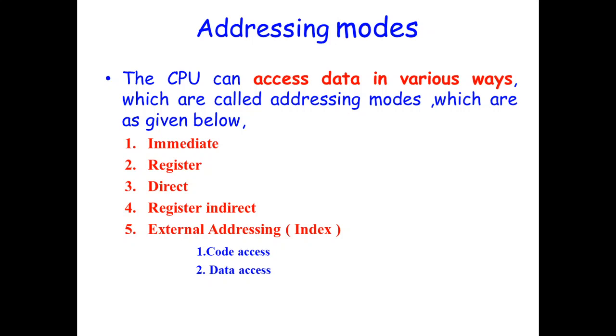First one is immediate addressing mode, second one is register addressing mode, third one direct addressing mode, fourth one is register indirect addressing mode, and last one is external addressing mode, meaning external memory addressing mode. There are two types of external memories available, either code memory or data memory, and how to access that we will see in this addressing mode.